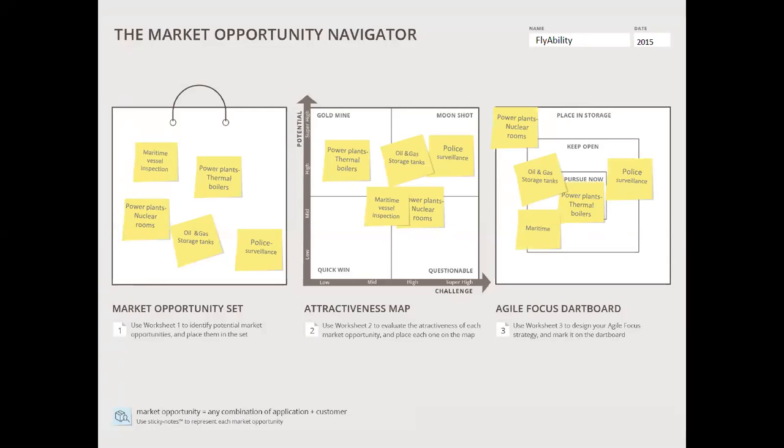So for Flyability, you can see that they chose to focus on power plants, keep 3 opportunities open for the future, and put 1 option in storage. So we will walk through the process of Flyability and their drone, but this gives you an overview of what we are aiming to achieve.